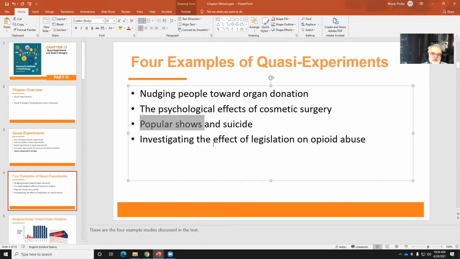That's really a very old thing. I mean, one of the things that people criticized Wolfgang Goethe for was his book Sufferings of Young Werther, which inspired a lot of people to kill themselves in the Europe of the day. And as I mentioned before, if you're going to legislate on opioid abuse, is that effective?